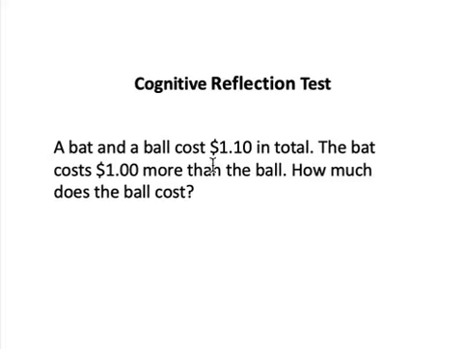However, that answer is not correct, because if the bat costs $1 and the ball costs 10 cents, the bat actually only costs 90 cents more than the ball. So here we have a very quick gut reaction, a very quick answer to this question that's provided to us. But we shouldn't trust that quick answer because it's not correct.